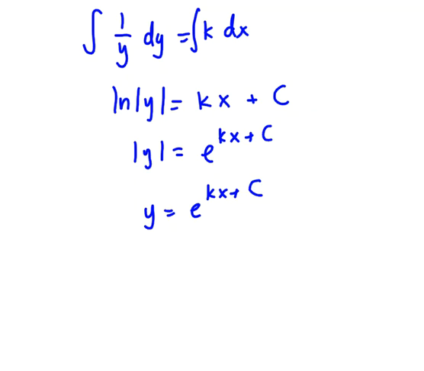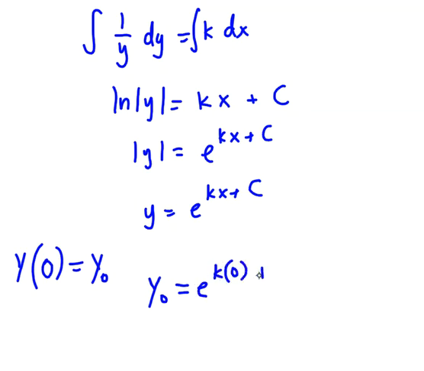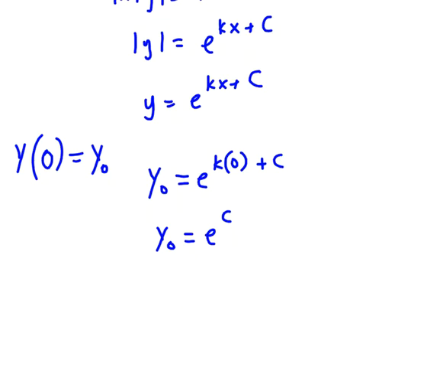Now, let's say I had an initial condition within this, like maybe y of 0 equal to, we'll call it y0. Then if I was going to solve that, I would have y0 is equal to e to the k times 0 plus c. So really y0 is equal to e to the c. Then I'd have ln of y of 0 equal to c.